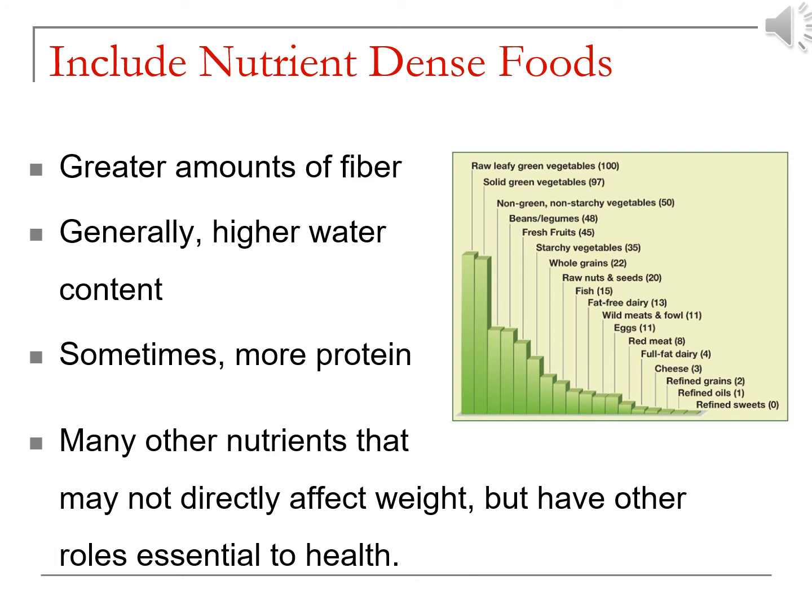For example, refined grains lose some protein in the refining process and have a little less total protein compared to their whole counterparts. And finally, even though many of the other nutrients found in nutrient-dense foods may not have a direct role on weight management, they tend to encourage general overall improved health.